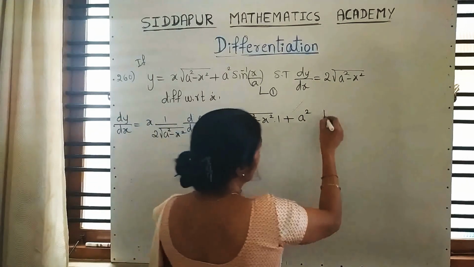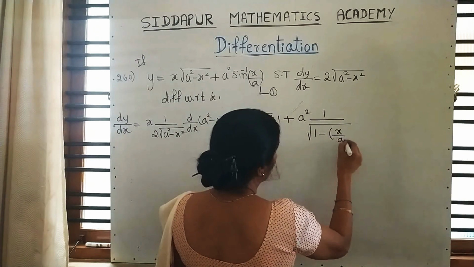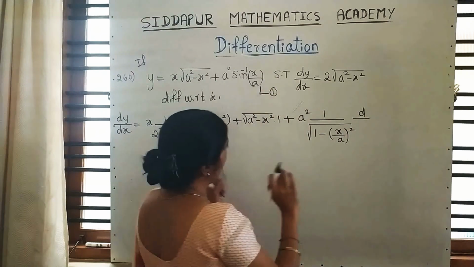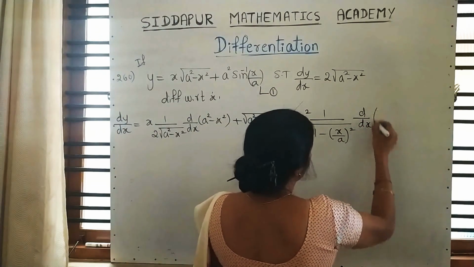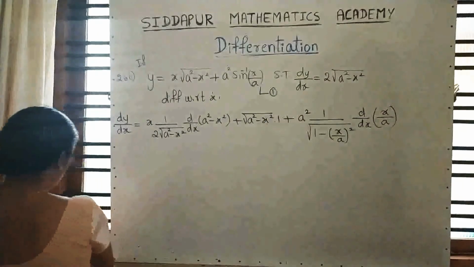Differentiation of sin inverse is 1 upon root of, in place of x we have x by a, so complete write on that, into differentiation of x by a.